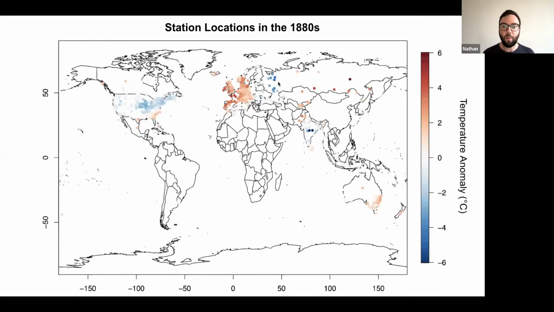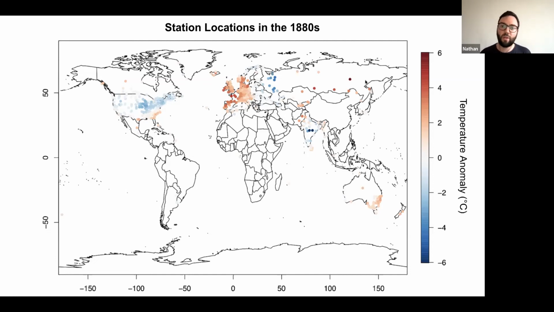As an example, here I have up the distribution of station locations in the 1880s. Here I've colored them by their observed temperature anomaly in some year. Back in that decade, we really only had measurements in the United States, in Europe, mostly Western Europe, in India, and around coastal Australia.